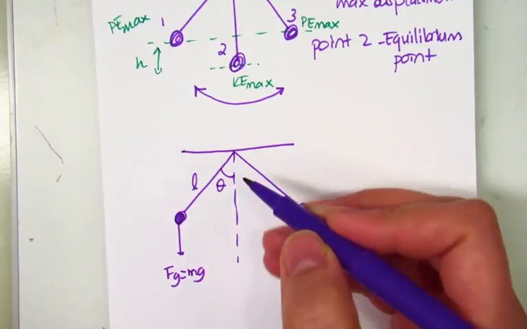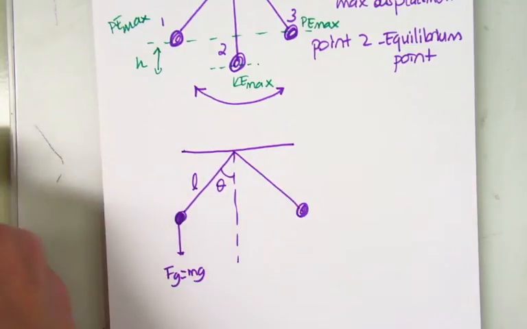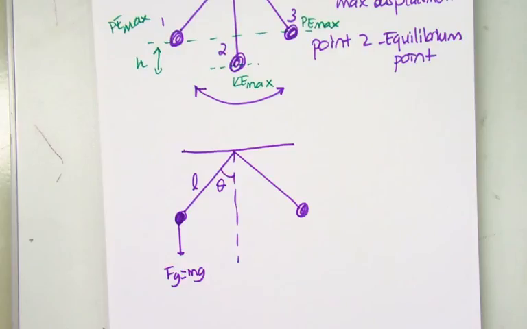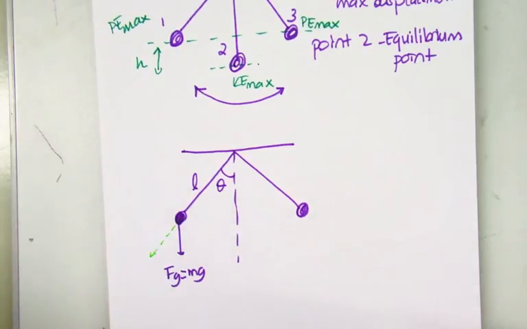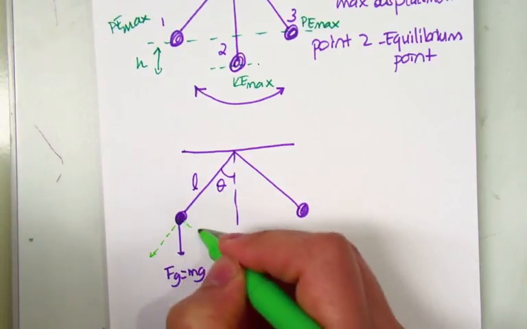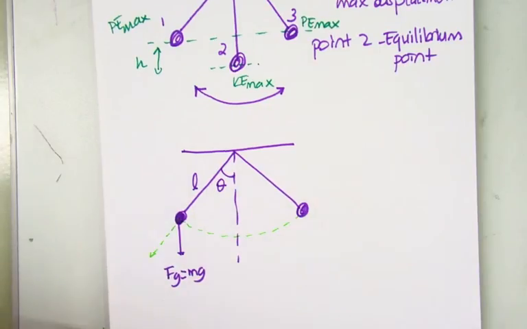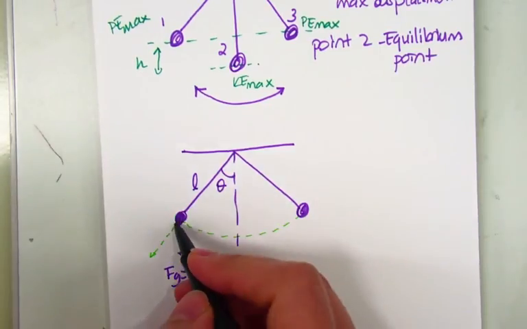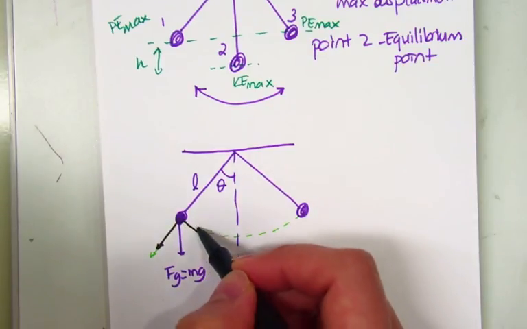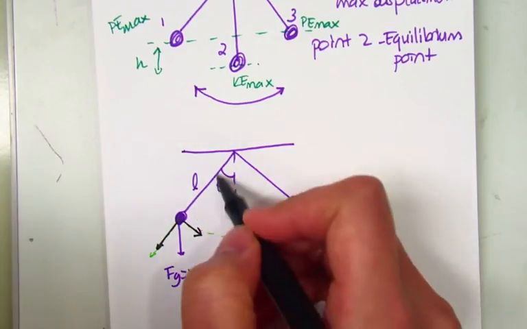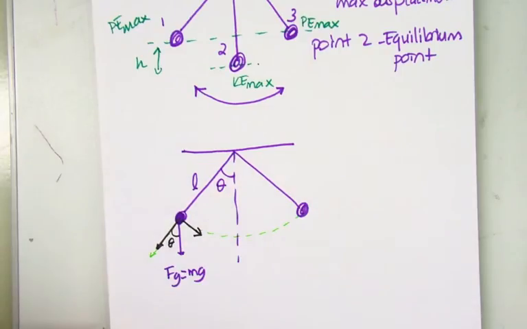And if you think about it, there are 2 components of the weight. One of them is in this direction, and the other one, let me draw with another color. So this is one component and that's the other component. And this theta will be equal to this theta.